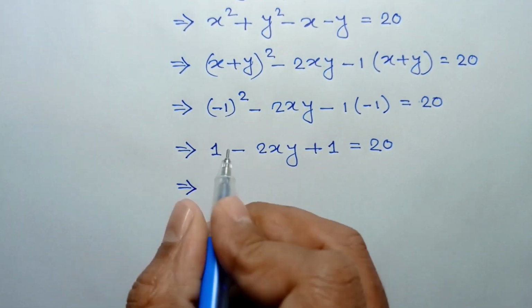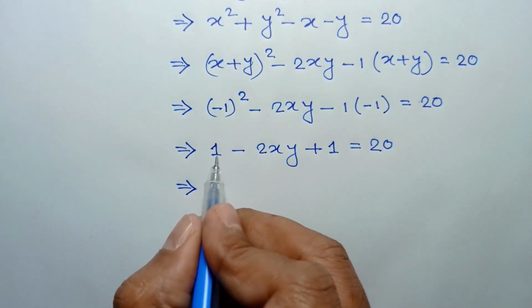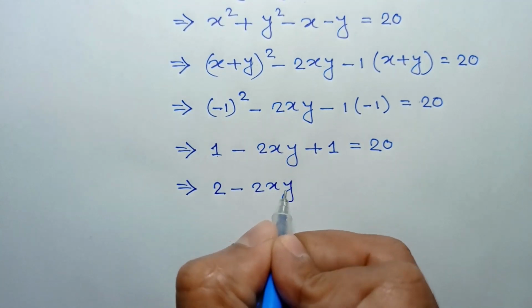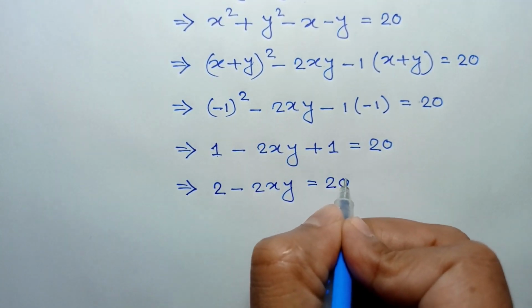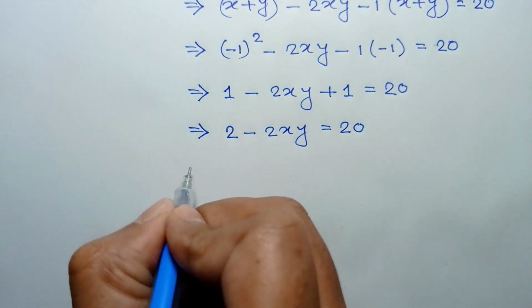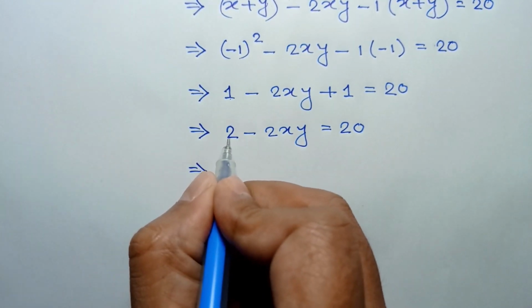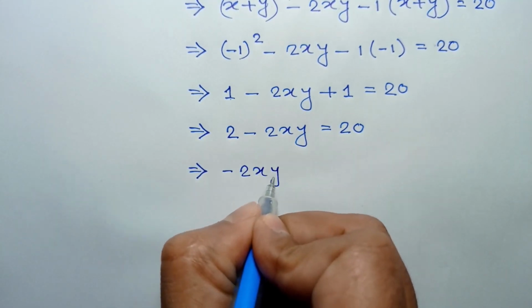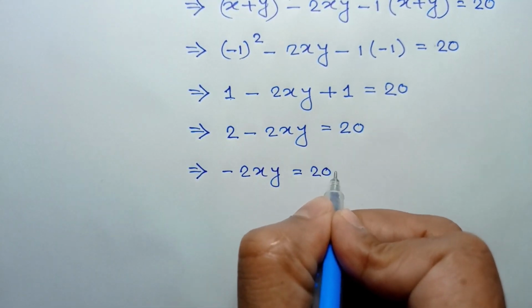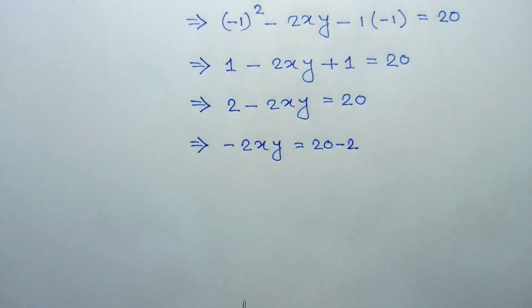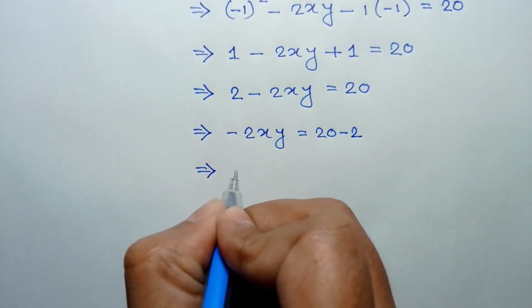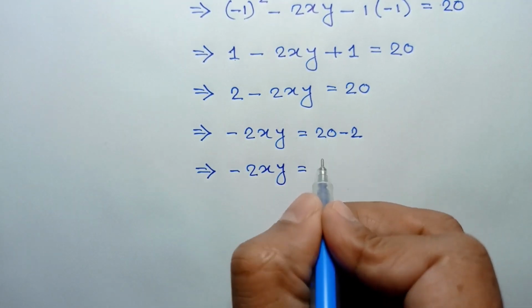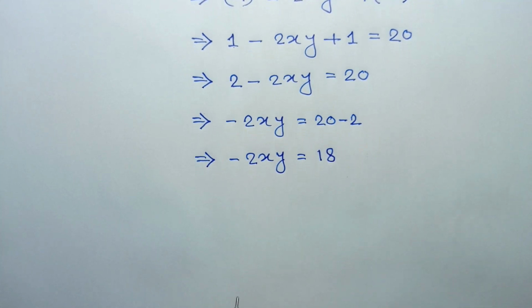Or this 1 + 1 is 2, so we can write 2 − 2xy = 20, or taking this 2 to the right side, we will have −2xy = 20 − 2, or −2xy = 18.